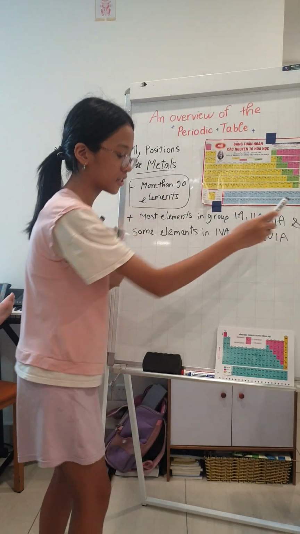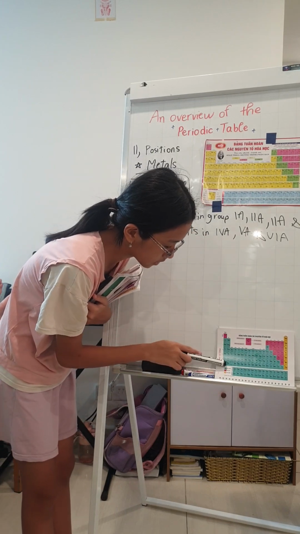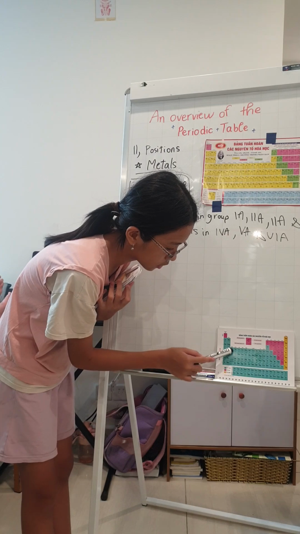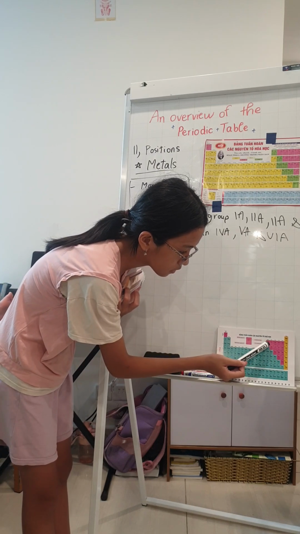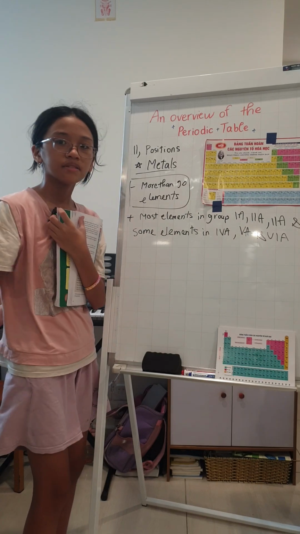With careful observation you see here, group 1A has most of the elements, and groups 2A, 3A, 4A, 5A, 6A all have some elements that are metals.